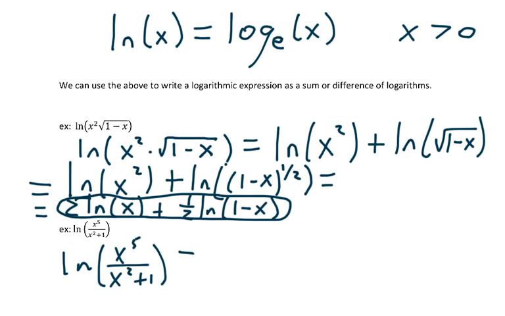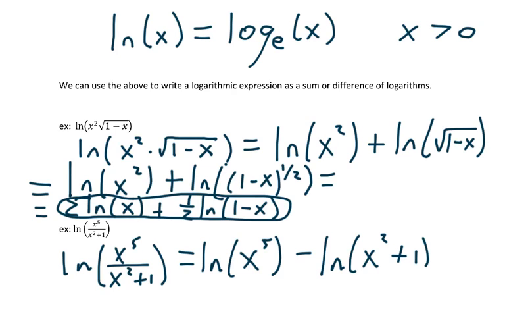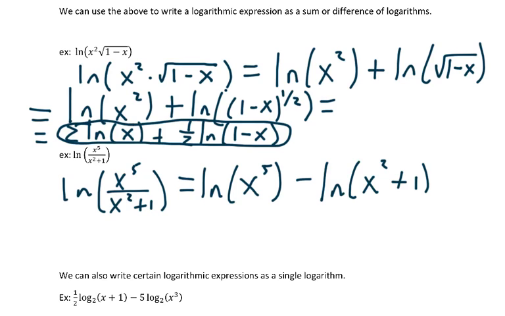This is going to become ln of the top minus ln, remember, ln is natural log, of the bottom. Now, we can use the same property that we used up here. The exponent can come down in front. So that's what we're going to do now.